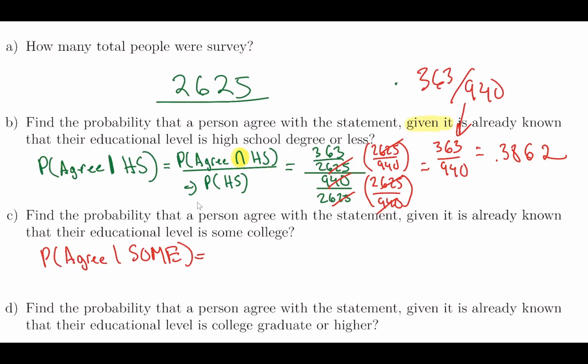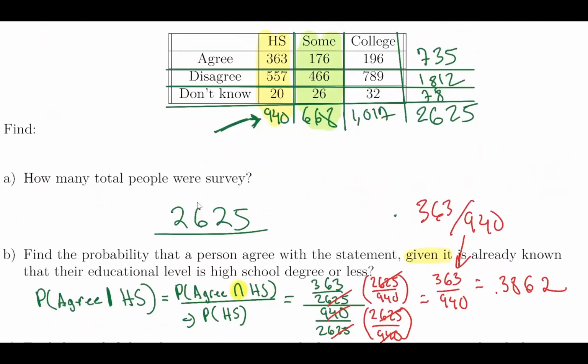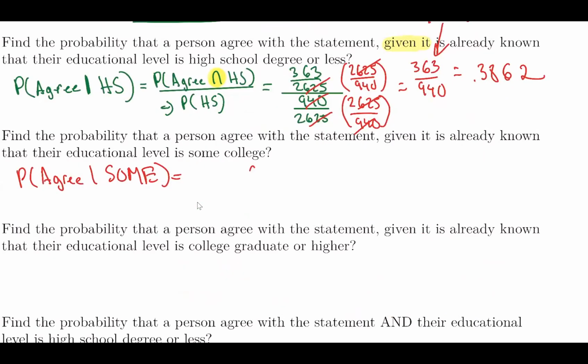All right. If you look at this one, the condition is that they have some college. So I'm going to go over here and we're only going to focus on people who have some college. How many total people do I have that have some college level? Yeah, 668. Is it 668?